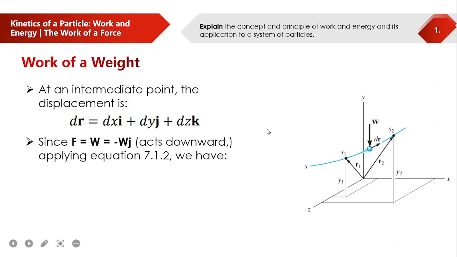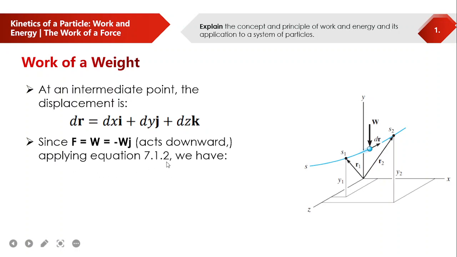Kasi nga, meron naman talagang weight yung particle natin kasi may mass. Tapos, nandito tayo sa Earth, there is a gravity, no? Pwera na lang kung nasa vacuum siya. So, ang dami ko nang sinasabi. Basta, yung F mo is equal to the weight and equal to negative W j. Kasi nga, acts downward eh.